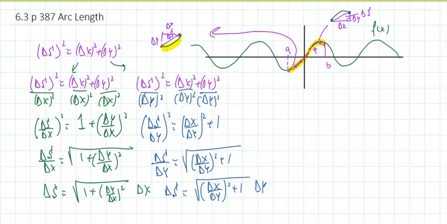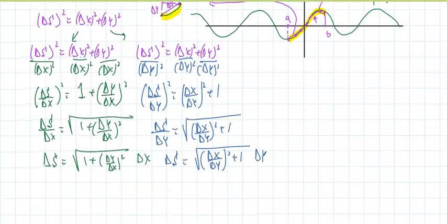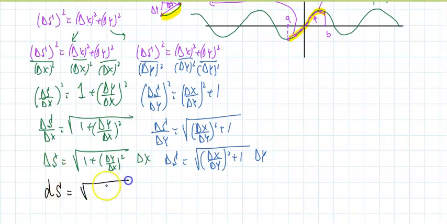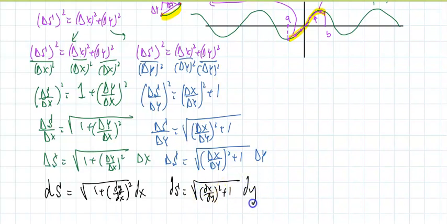And as we know, for approximating ds, we really use not delta. Delta is the exact, this is the approximate. Remember, in 5a when you did approximation, ds could be the square root of (dx/dy) squared plus 1 dy.